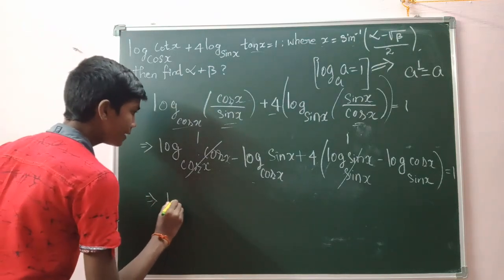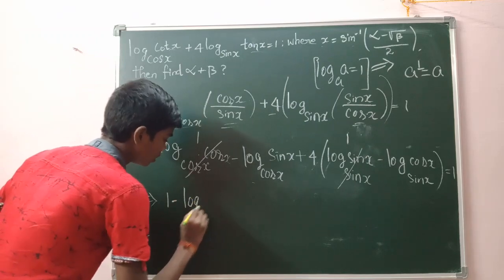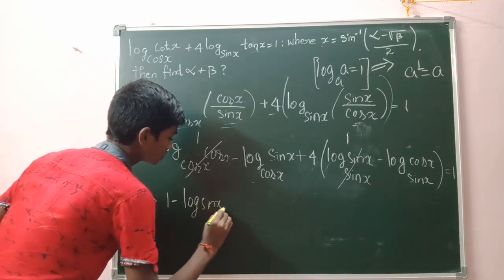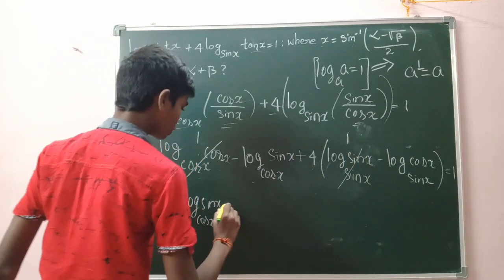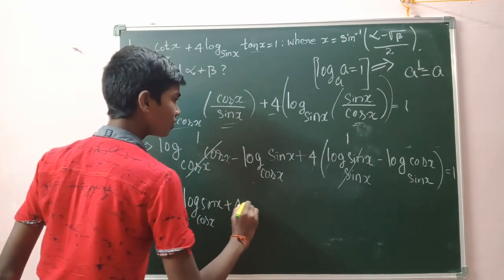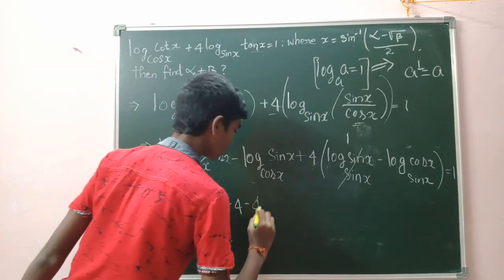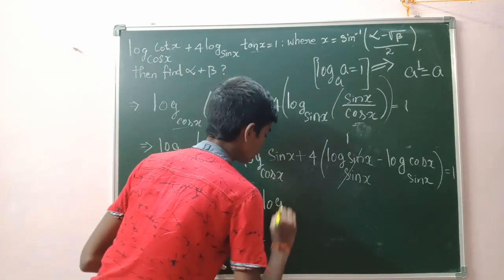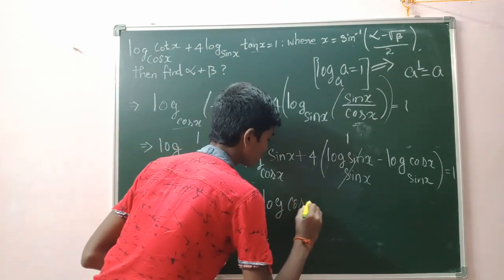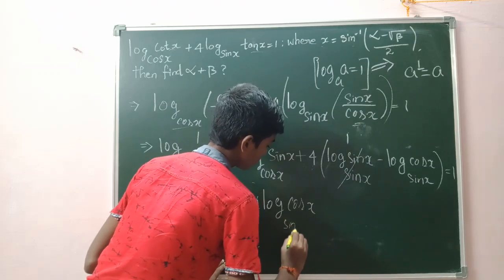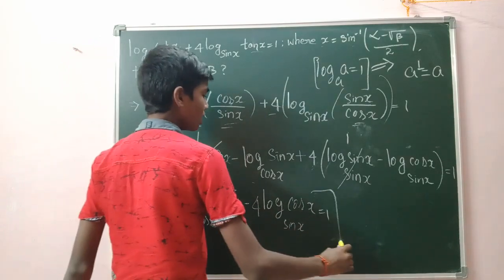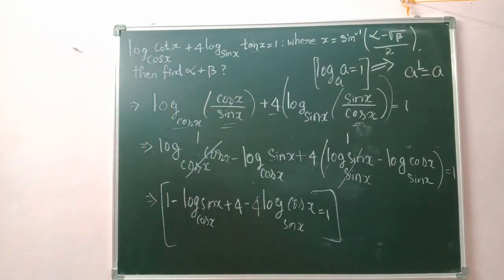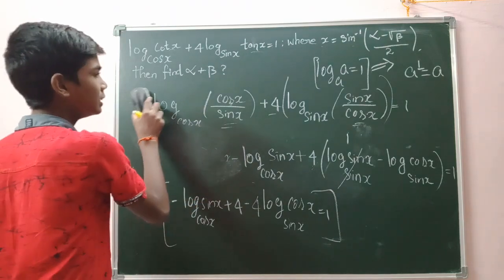So 1 minus log of sin x to the base cos x, then plus 4 times 1 is 4, then minus 4 log of cos x to the base sin x. This is what will be left out, right? And that is equal to 1. This is the form of the final equation that we will arrive at.